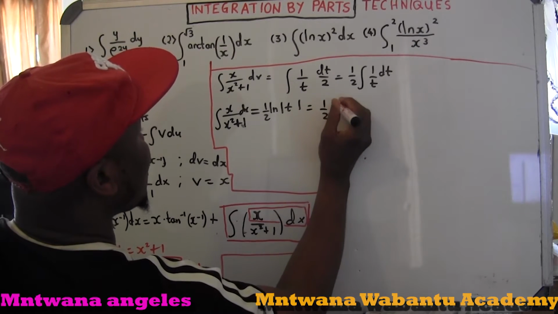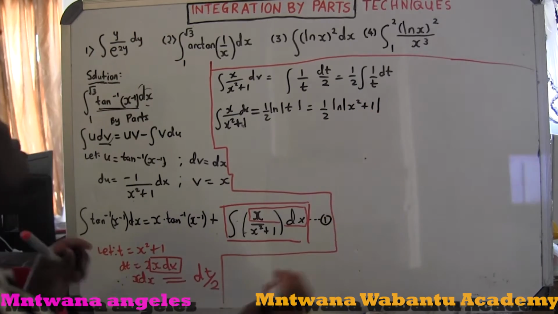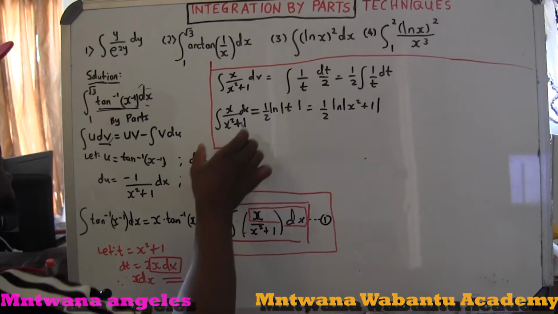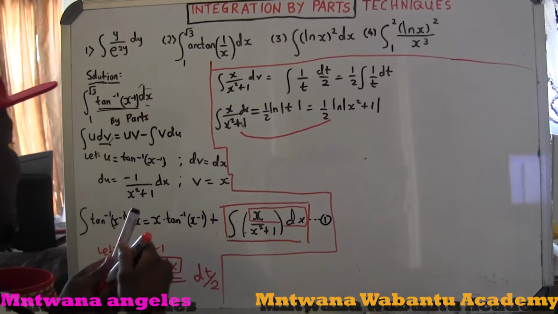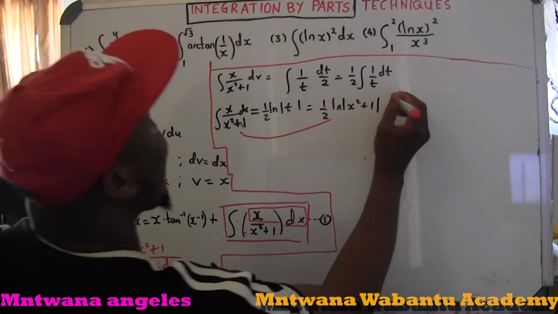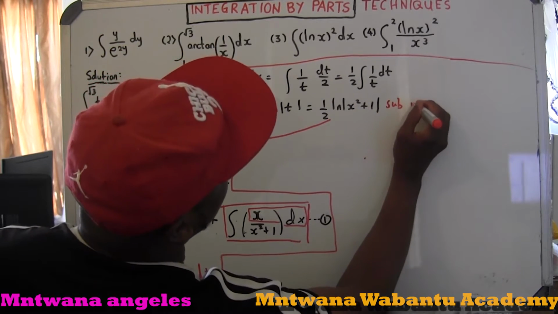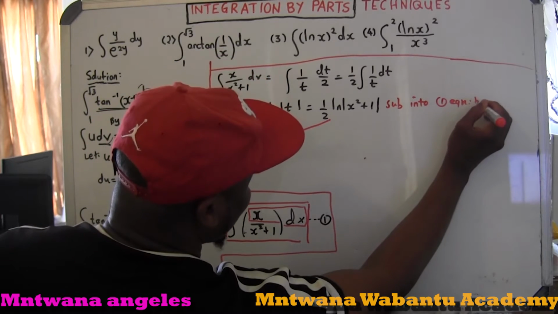So this is equal to a half ln of x squared plus 1. You know what I'm saying? So now I'm going to have to substitute into the phase equation.